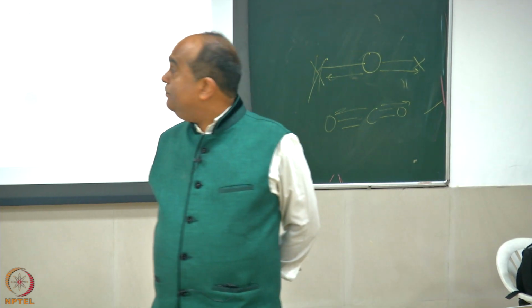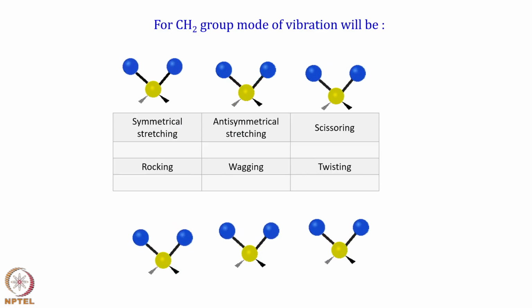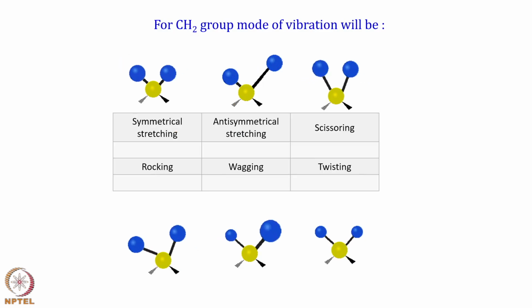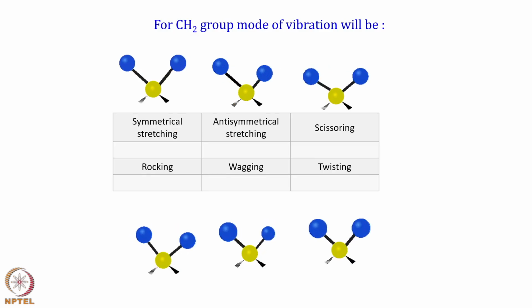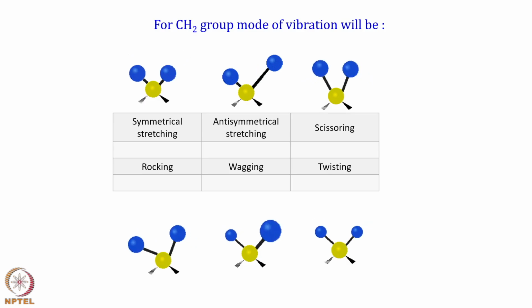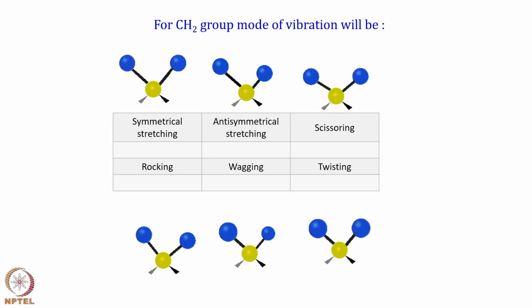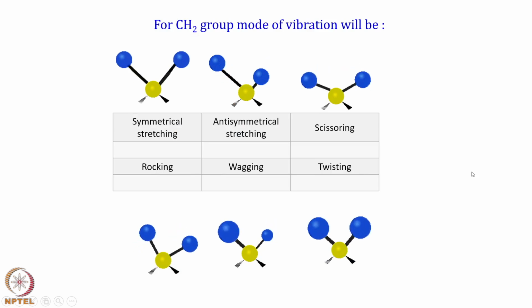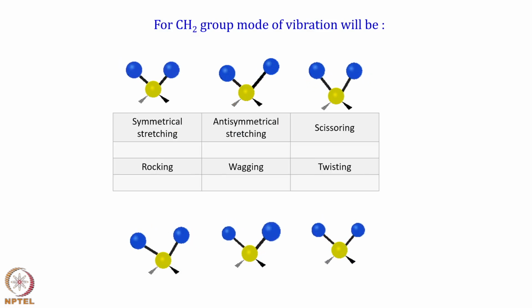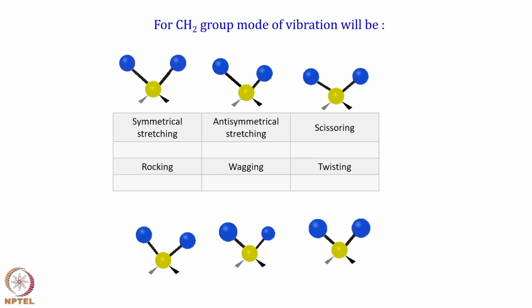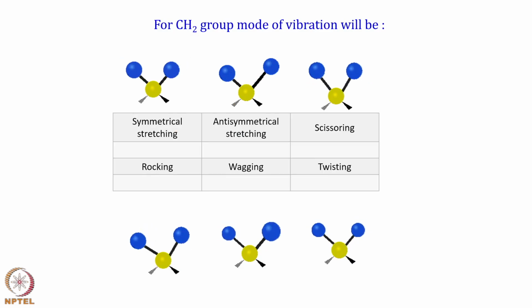The CH2 group can have different vibrational motions. Symmetric stretching, you can see in a video how it is symmetric stretching. Asymmetric stretching, one pulling, one pushing. Scissoring motion, rocking motion, right? Wagging motion, one going up and down, and twisting motion, both going like this.